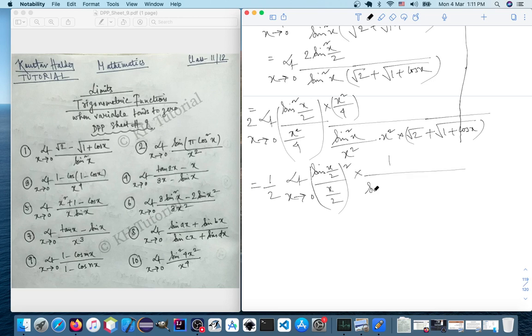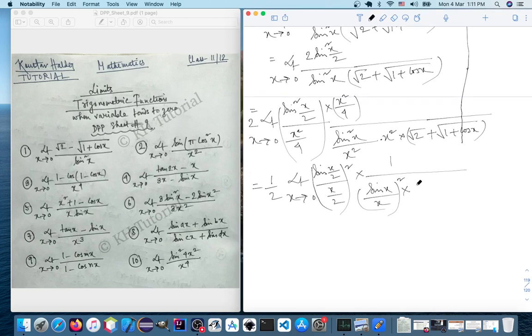We have sine x by x whole square, and we have the term root 2 plus root over 1 plus cos x.